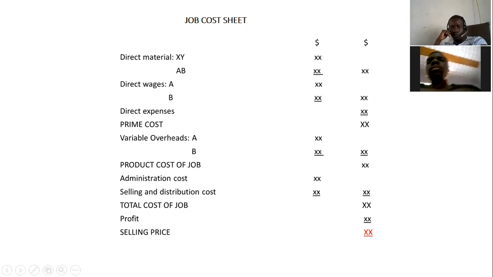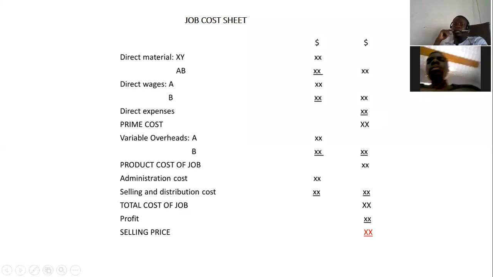Then the third item, we have direct expenses. For the direct expenses, it's only one, so you send the total figure or the cost to the last column.